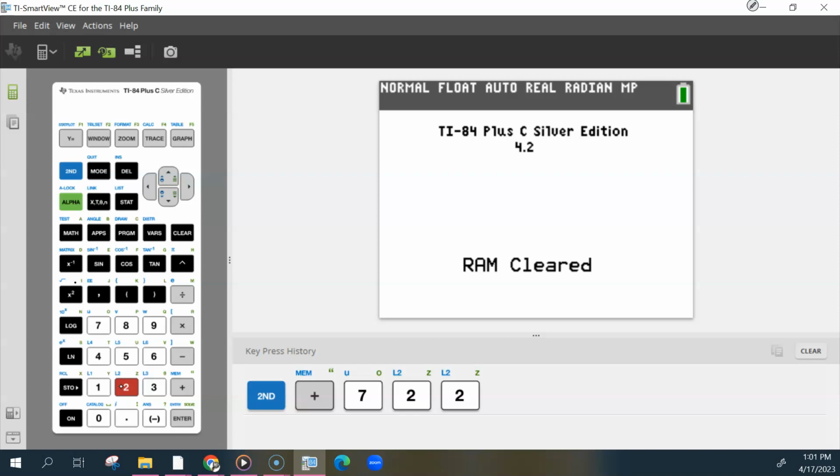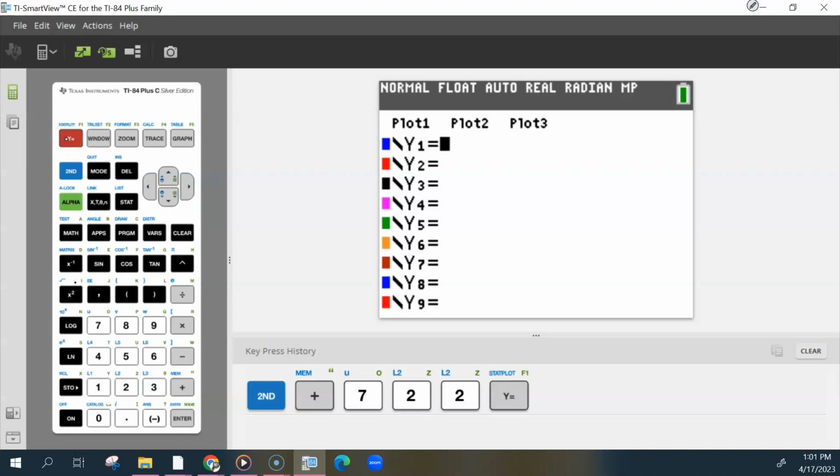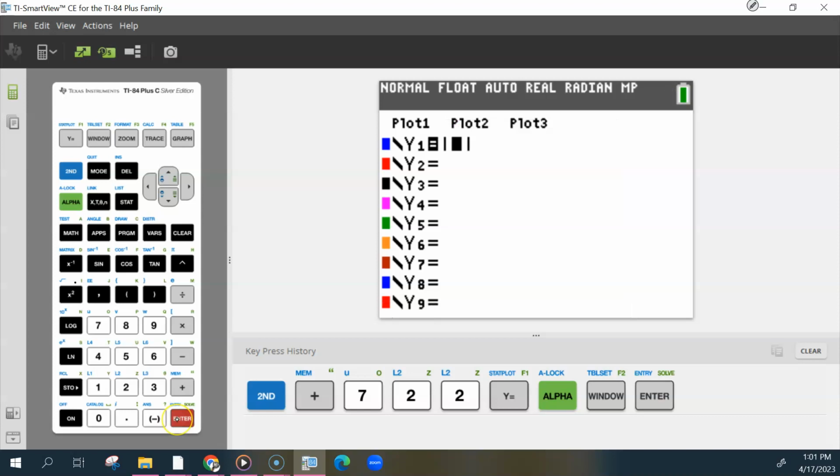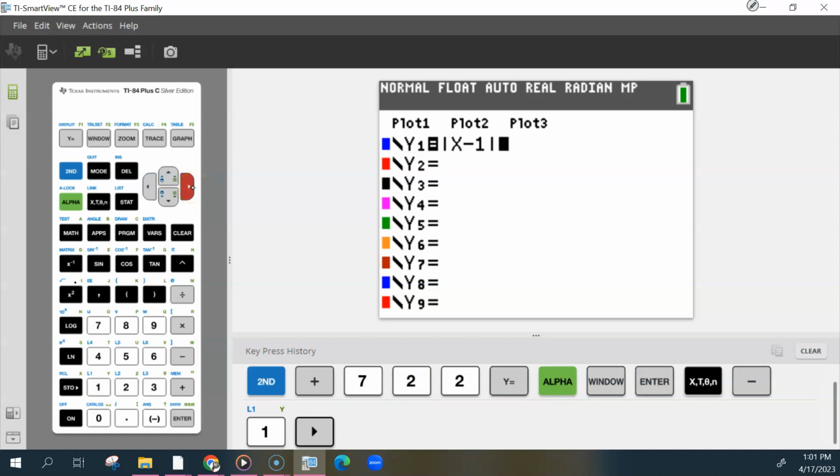And in your y equals, you're going to type in that function. I think the alpha window will give you the absolute value bars. So ABS, choose that one. And then put in the rest of your function, x minus 1 on the inside, plus 2 on the outside.